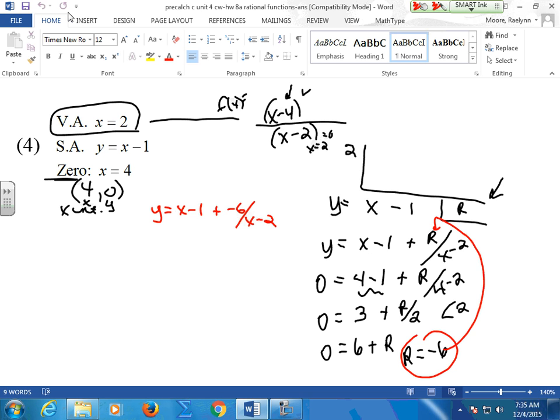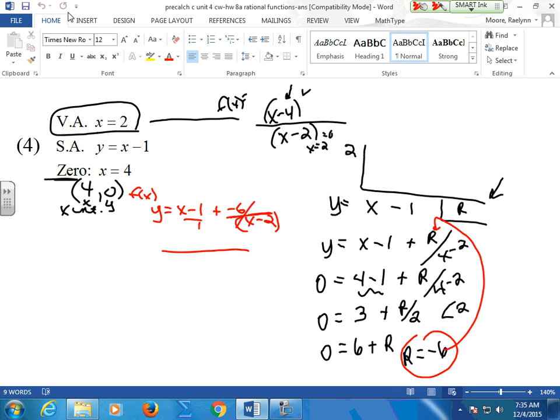Excellent. We're going to build everything right through this. So here's my y equals. We have to get this over one denominator. What would be your common denominator? I should have drawn this line straight like this. What's your common denominator?